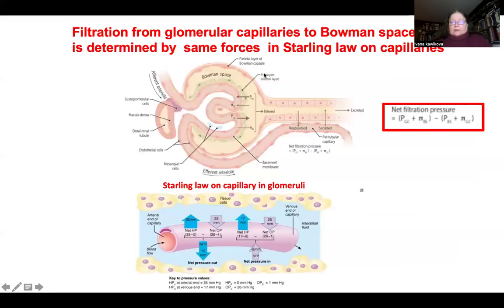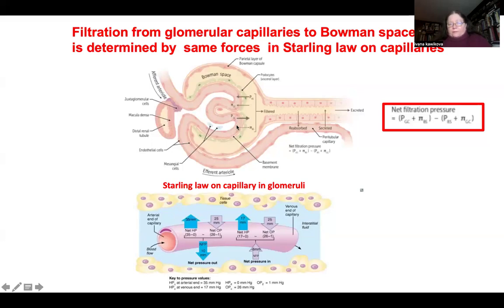we see here. So again, here you have the glomerulus, you have the afferent arteriole with single endothelial cells. An arteriole differs from capillaries by having some smooth muscle, right? Then we have the capillaries.